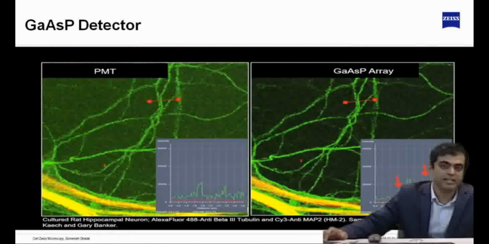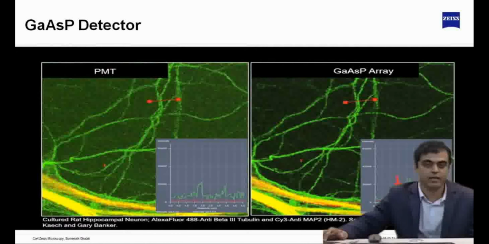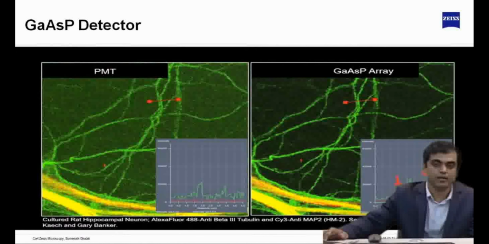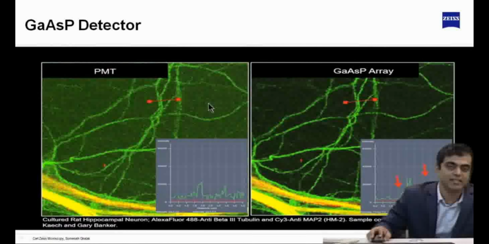Now, a simple image comparison for the PMT as well as the GaAsP detector. Both detectors have acquired the same image, and if you look at the spectra, you can see the background noise in this red signal along the line marked by the red arrow. You see a lot of background noise, which has dampened the signal intensity, and the signal to noise ratio has deteriorated considerably.